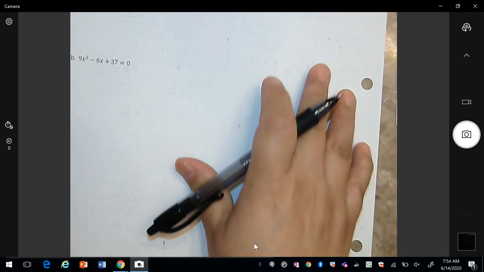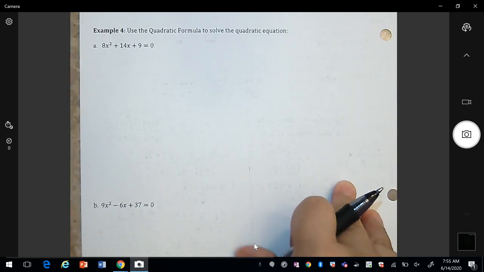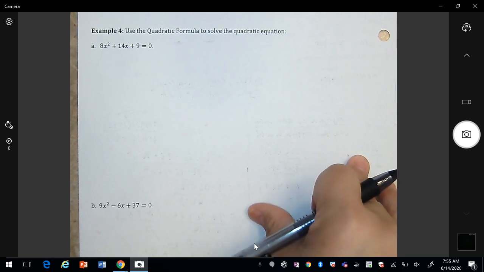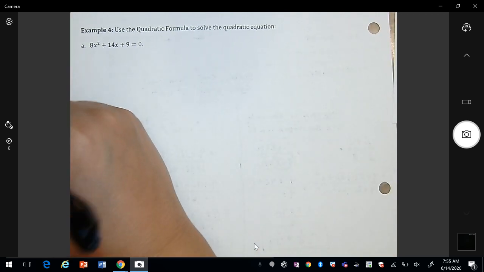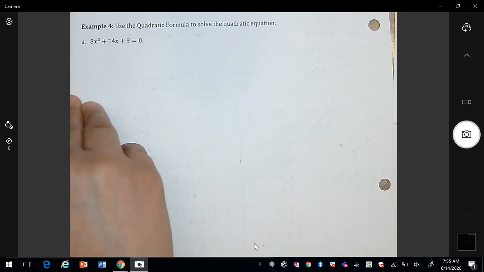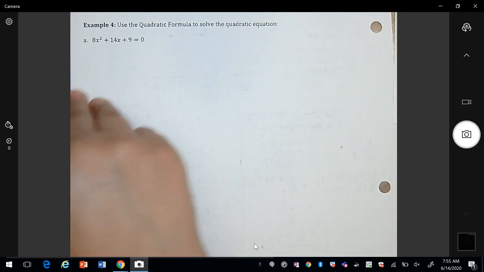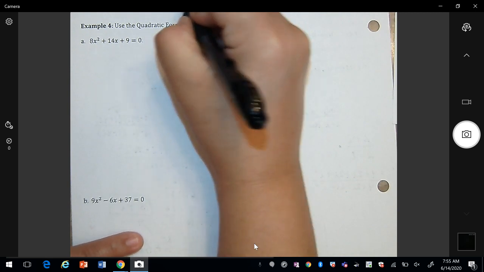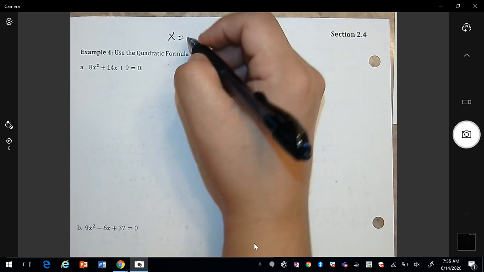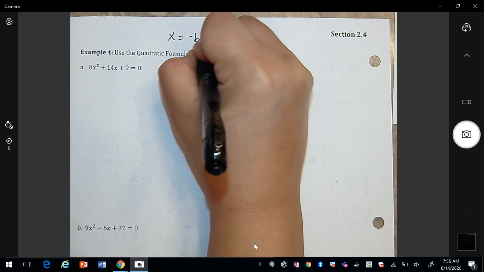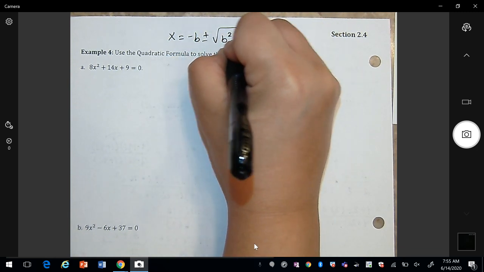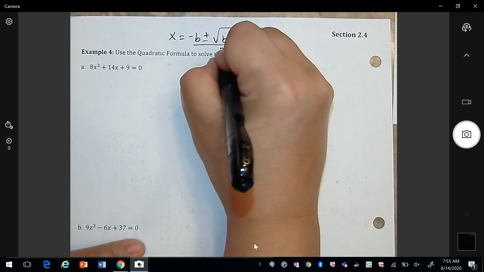Okay, so how can we use this information to solve a quadratic equation? So first, we can try to factor this, but if it's not factorable, then you can use the quadratic formula. And so remember, the quadratic formula is x equals negative b plus or minus the square root of b squared minus 4ac, divided by 2a.